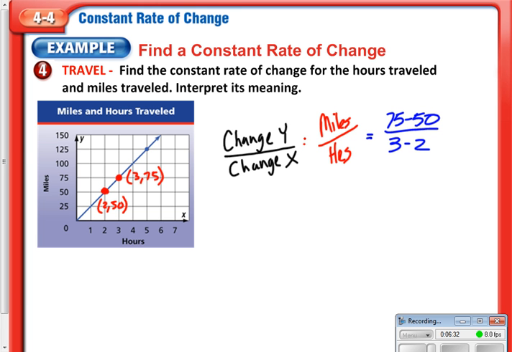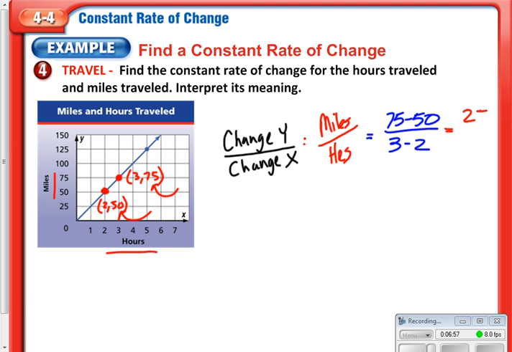Much like example 3, I've selected 2 points. And remember, my y-axis is talking about miles, and my x-axis is talking about hours, so I have miles over hours. I've used 2 points, and I wrote those ordered pairs in. And remember, this is increasing, so I wanted to get an increase. So when I used 75 and 50, I took 75 minus 50.